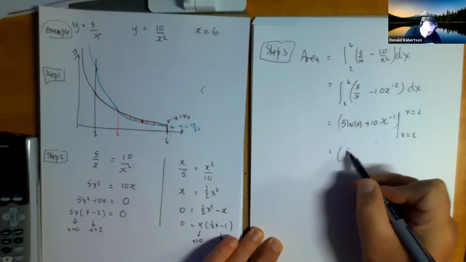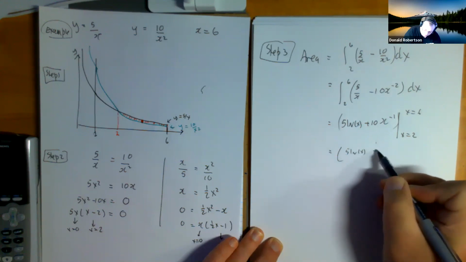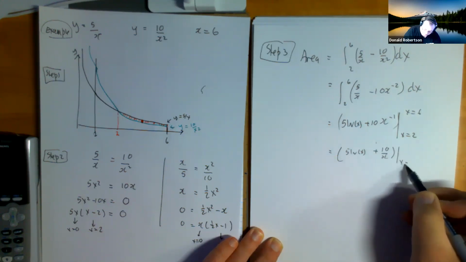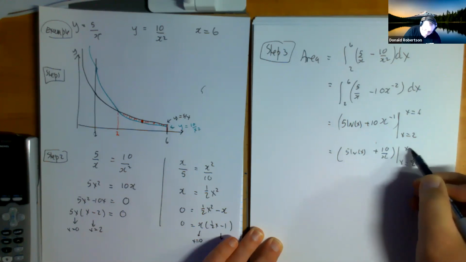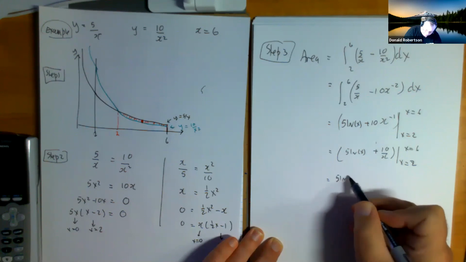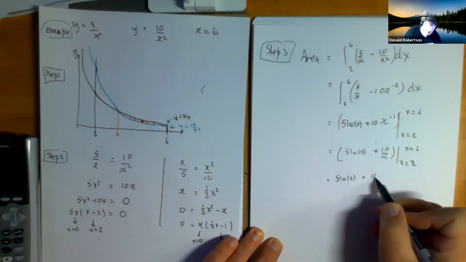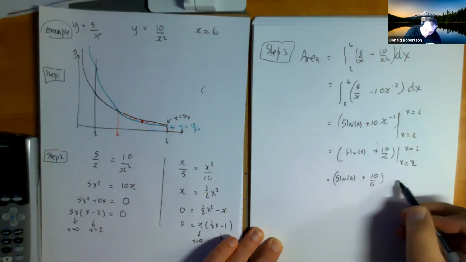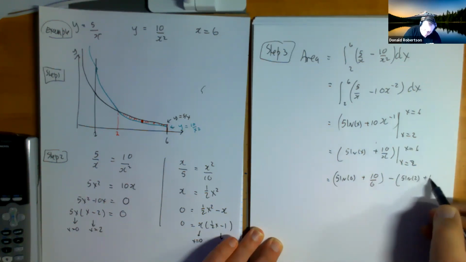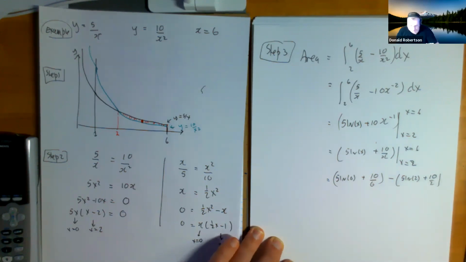And I'm going to change that a little bit before I start working on it. So plug in 6. 5 log 6 plus 10 over 6. Take away 5 log 2 plus 10 over 2.